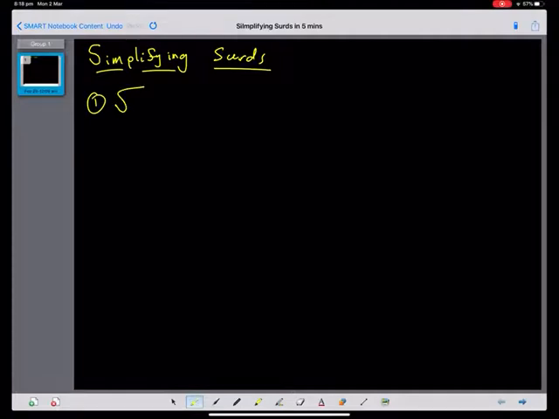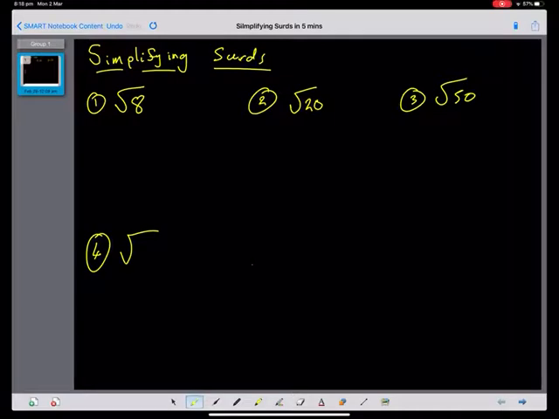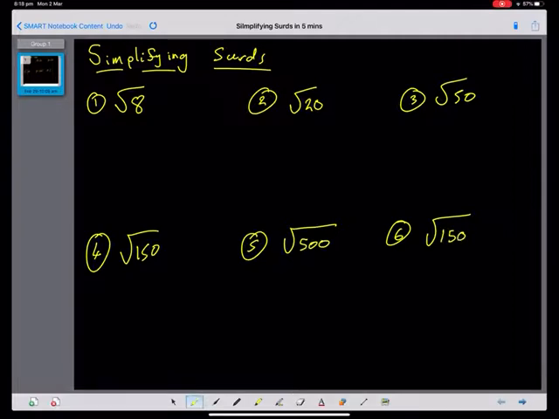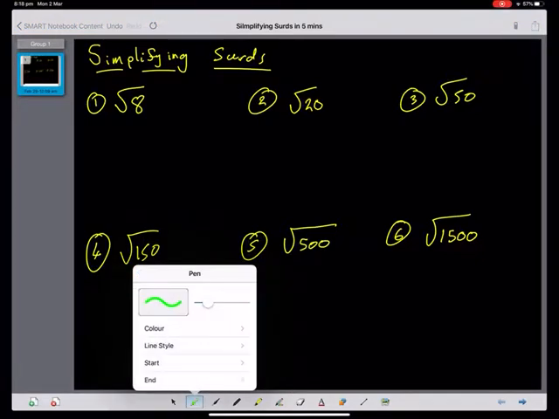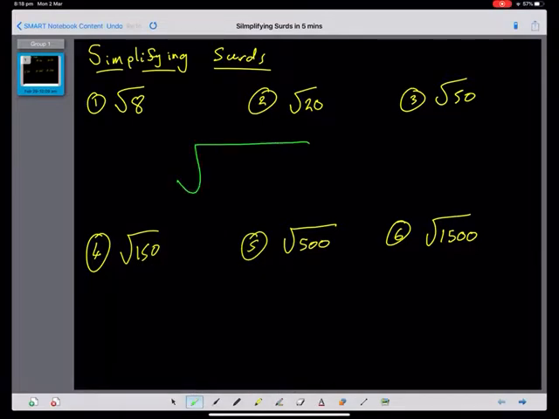Let's do the root of 8, the root of 20, the root of 50, the root of 150, then the root of 500, and let's do the root of 1,500.